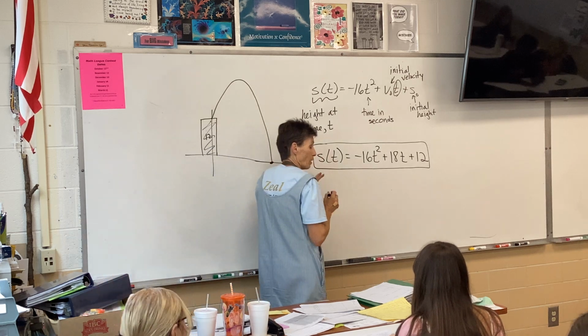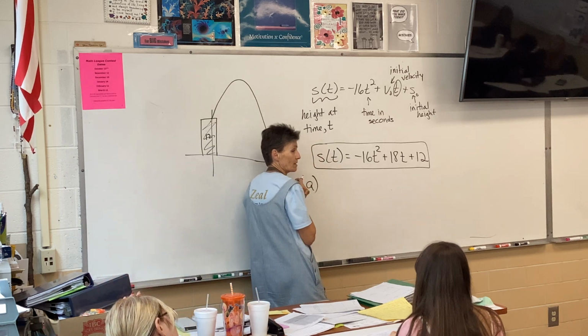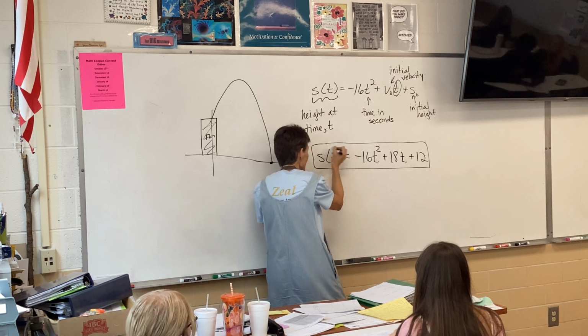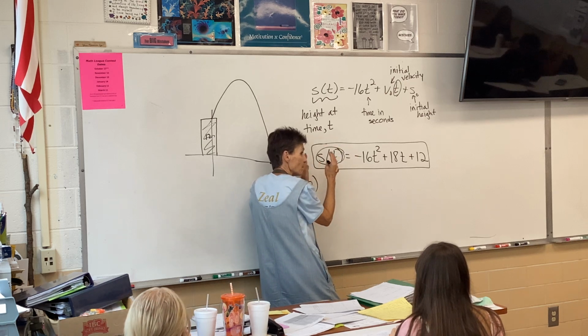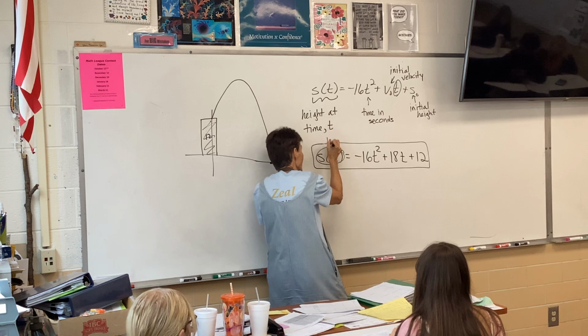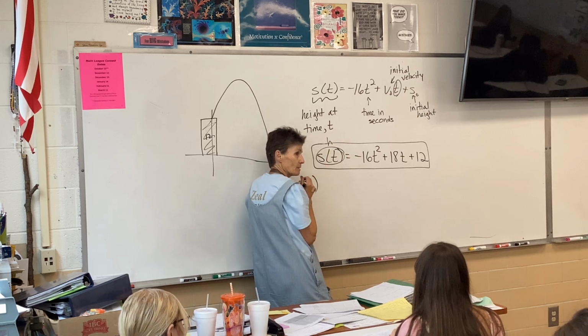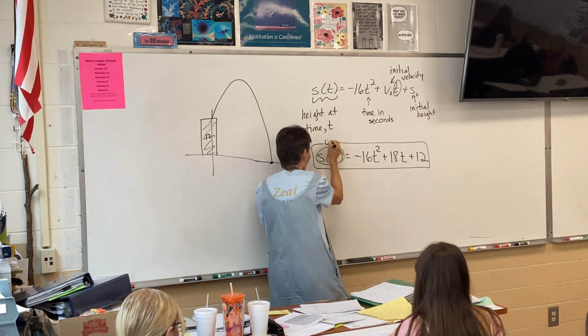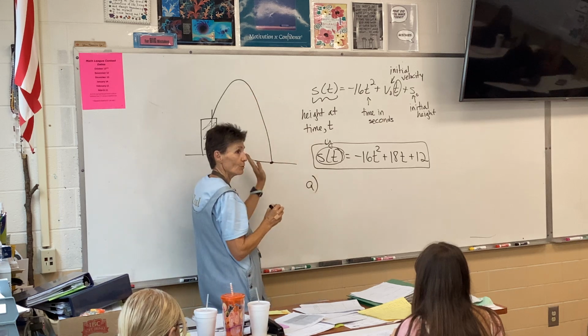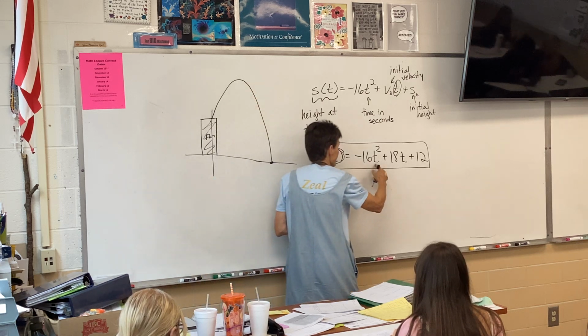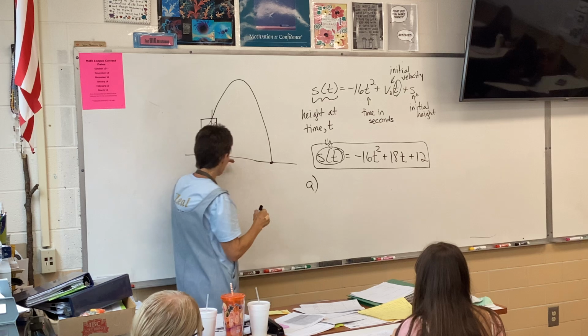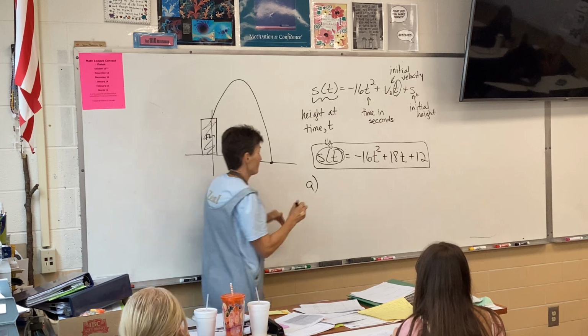It looks like there's more, but there's really only 2 variables in this problem. There's this, which is the fancy math way of saying height. So it's like y, how high are you? And then there's t, which is just the x variable.